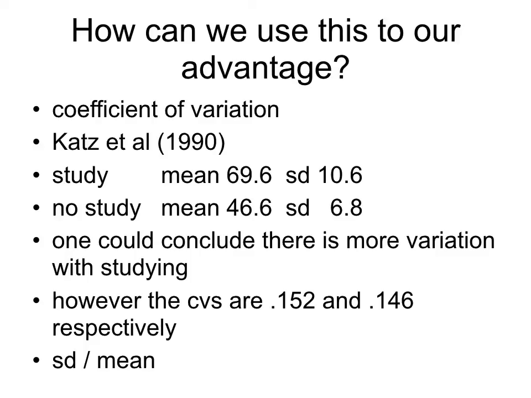And now they're almost the same number. That actually tells us that this difference is simply due to the fact that the mean is bigger in the study group. That's the only reason it happened. It's got nothing to do with the actual variation itself. It's got to do with the fact that you're calculating a quantity and it's dependent on this value here.